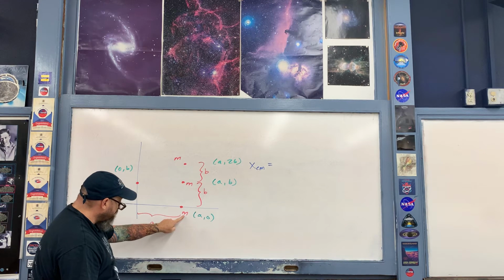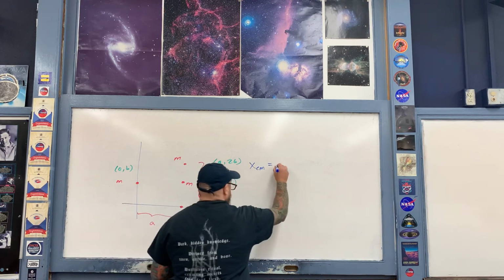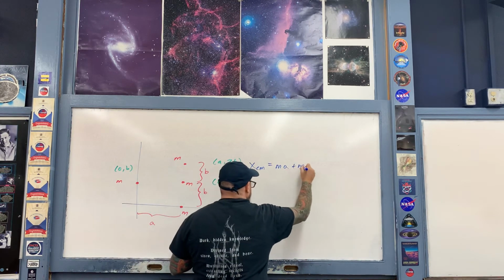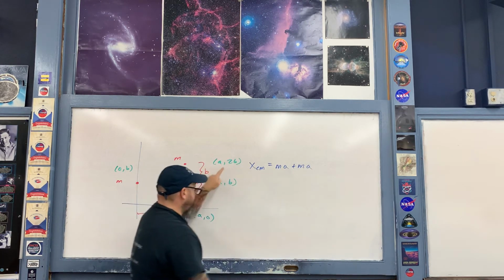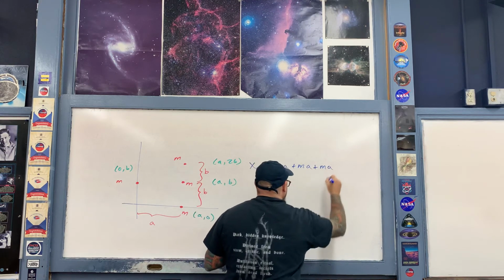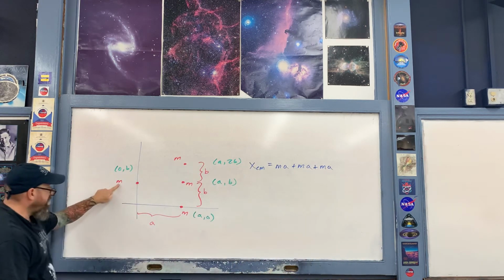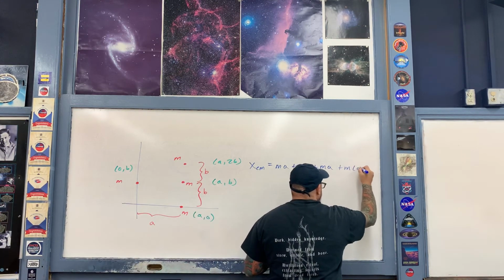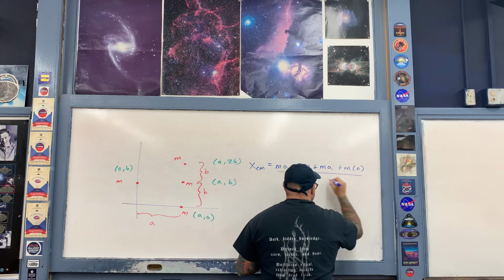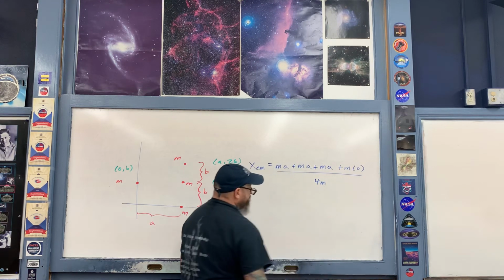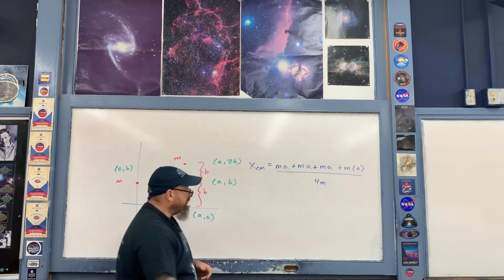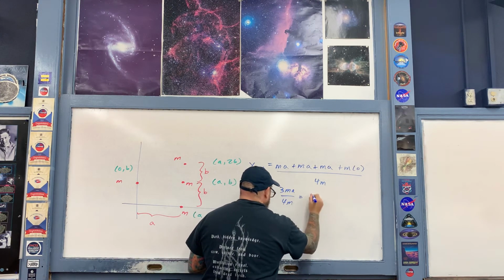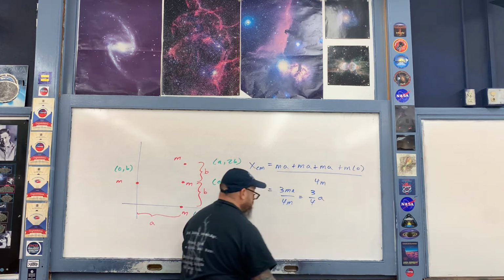So I'm going to have, first of all, m times A, and then m times A, and then m times A. And then lastly over here on the left-hand side, m times 0 for that last term. Let me just go ahead and write that here for simplicity. And then we divide by the sum of the masses, which is 4m. And now if you do the math in the numerator of the expression, you just end up with 3mA, and then divided by 4m, this just ends up being 3/4 A, like so.